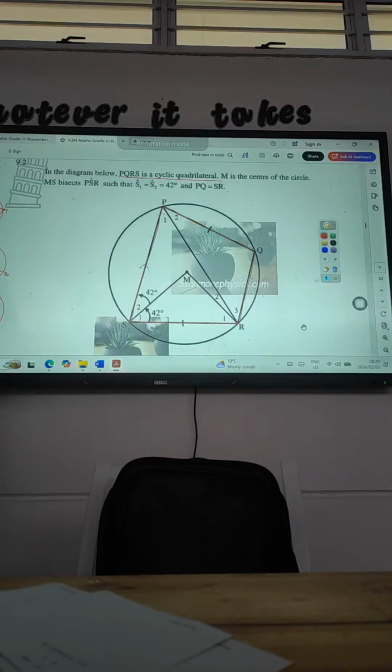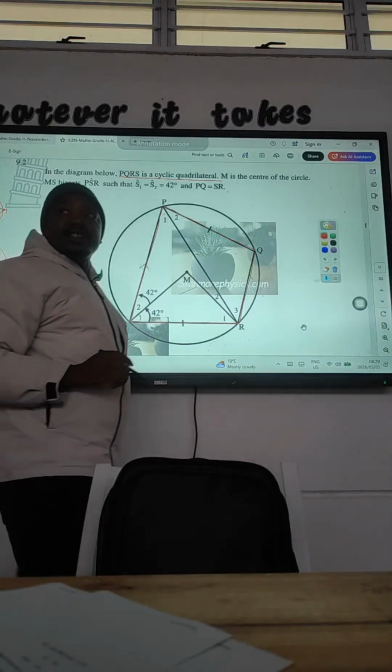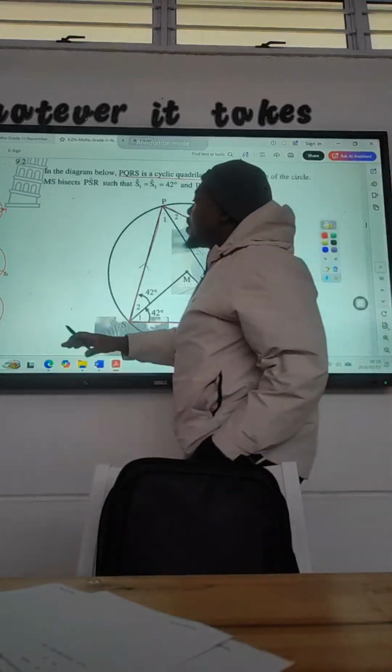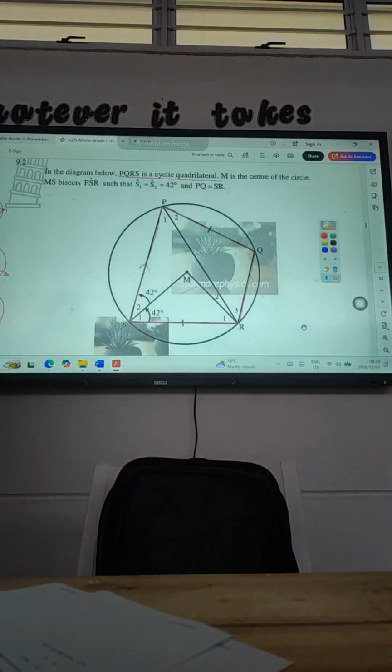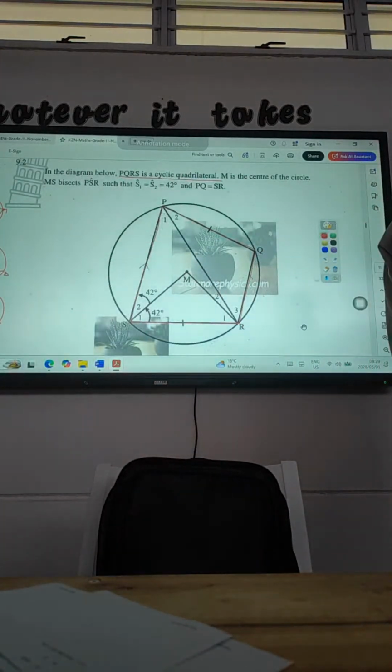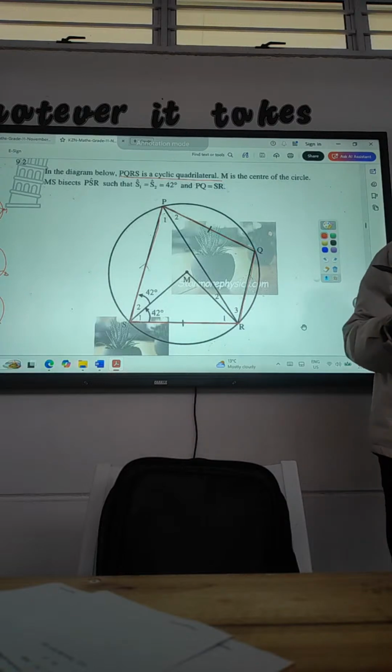These are the things that can benefit us when we have a center. So we are looking for such theorems. Is there any other theorem that has to do with the center of the circle that you can think of?